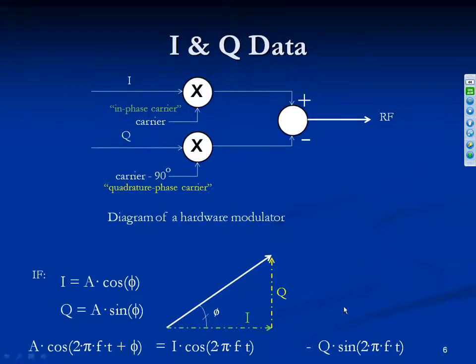So here's just a general diagram of a hardware modulator where we have what we call the in-phase carrier and the quadrature phase carrier, which is 90 degrees out, where we multiply the I and the Q, and then we sum them according to this and produce our RF.